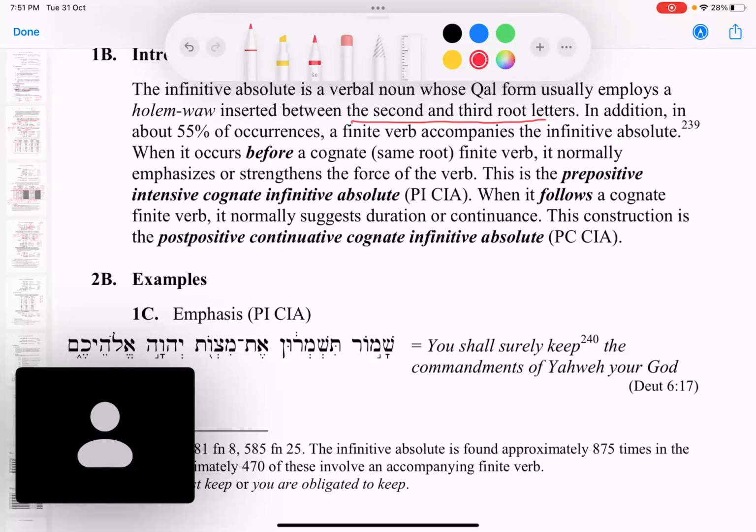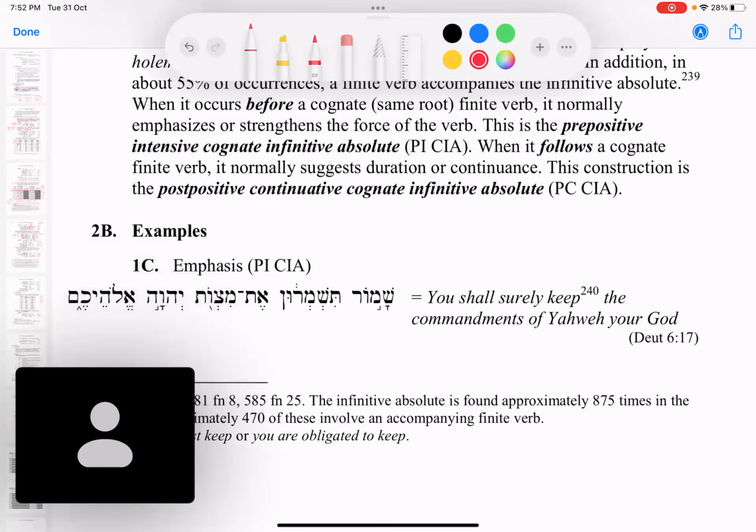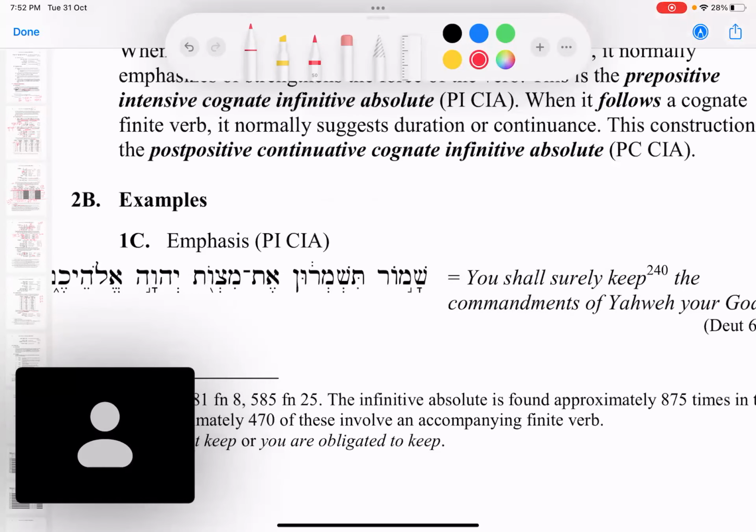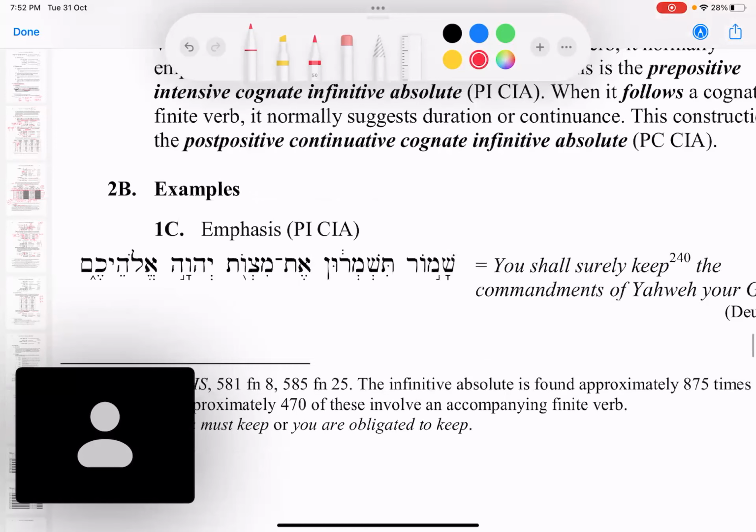This construction is the prepositive continuance cognate infinitive absolute. So both PICIA and PCCIA, we are going to see this form in Hebrew. It is a very new concept to you.